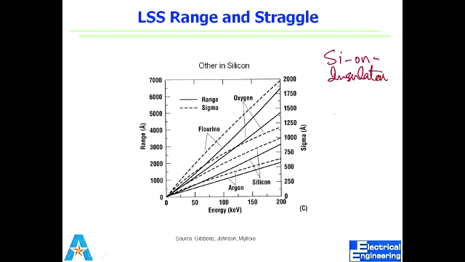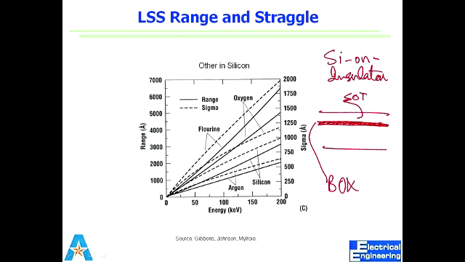So the idea is you have silicon and then you have this buried oxide, and of course we know ion implantation cannot go too deep, so it is close to the top. This is called the buried oxide, or BOX, this is called the SOI layer, and this is called bulk silicon. If you look at them, they are normal silicon wafers.